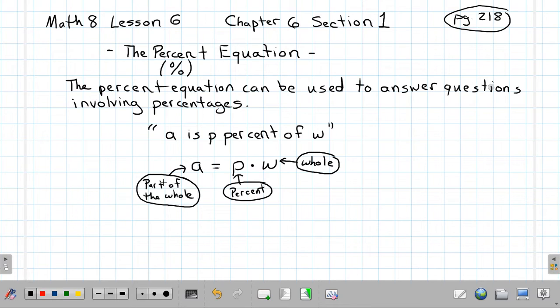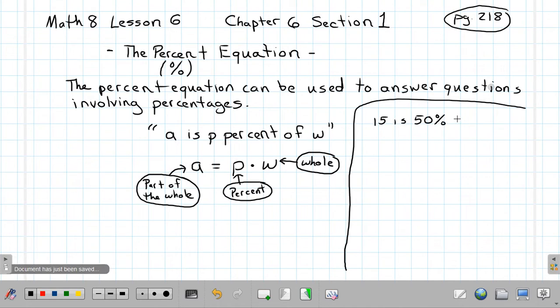Okay. A little concrete example here. So let me carve out a little box here. When I say 15 is 50% of 30, most everybody would agree with me because 15 is half of 30, okay? 50% means half.